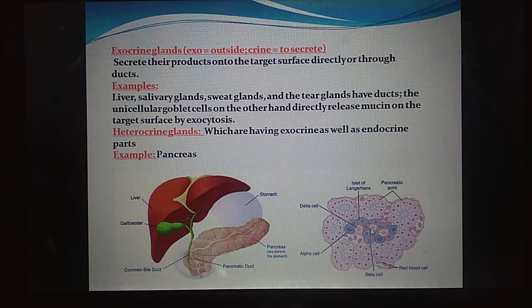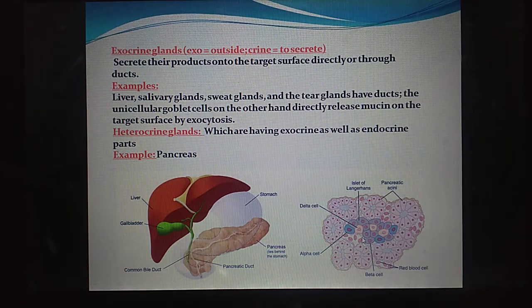Now let's see which type of hormone. Alpha cells are concerned with the secretion of glucagon, a hormone which brings about the conversion of glycogen into free glucose. Beta cells are concerned with the secretion of insulin, and they bring about the conversion of free glucose into glycogen.